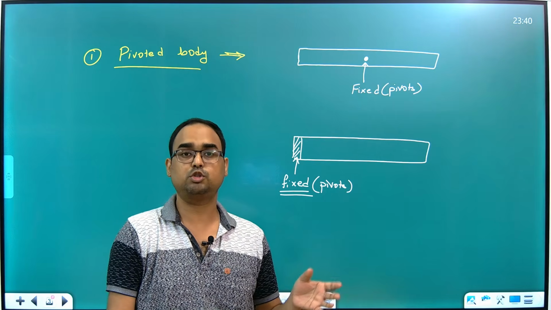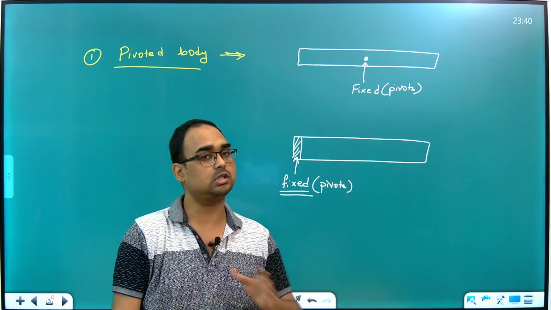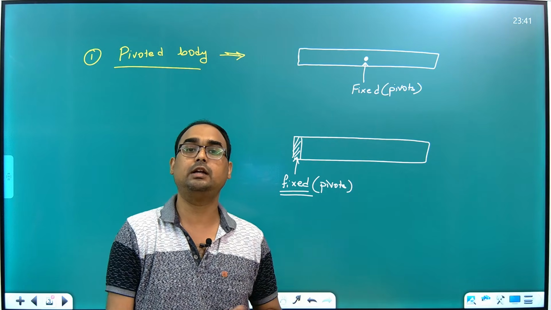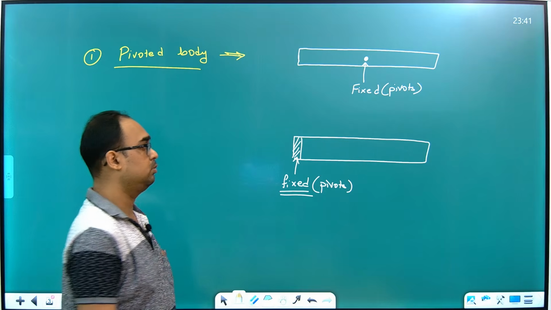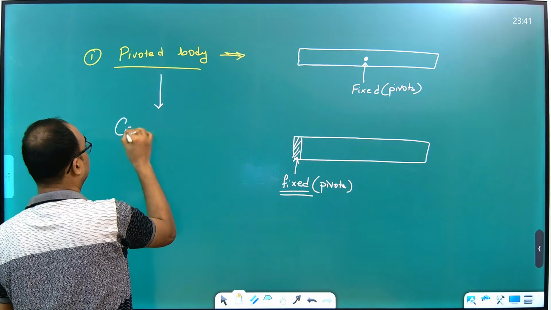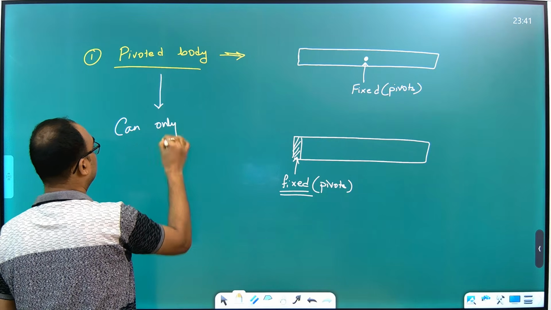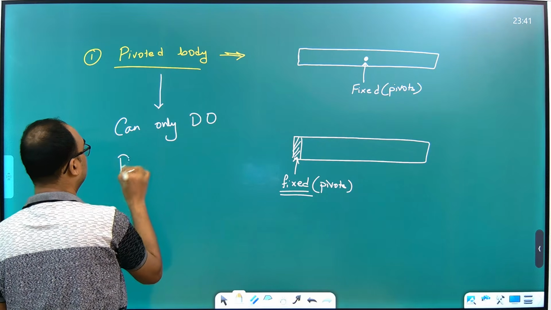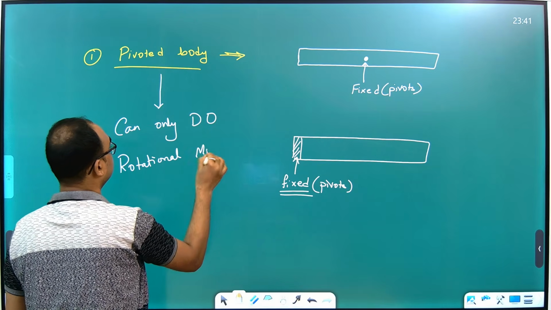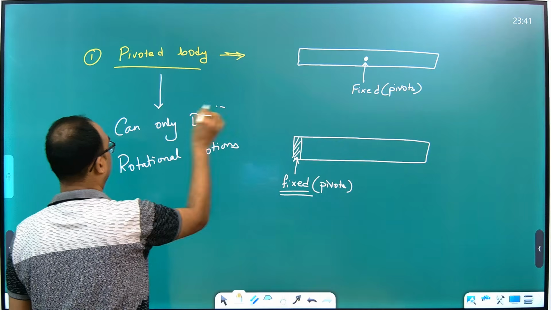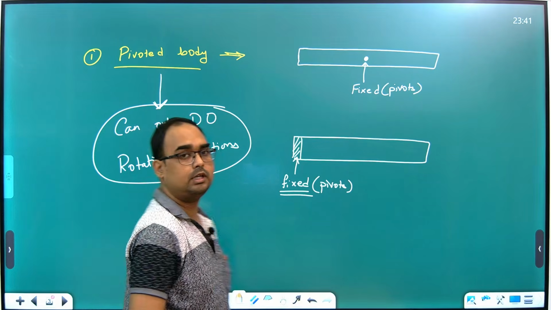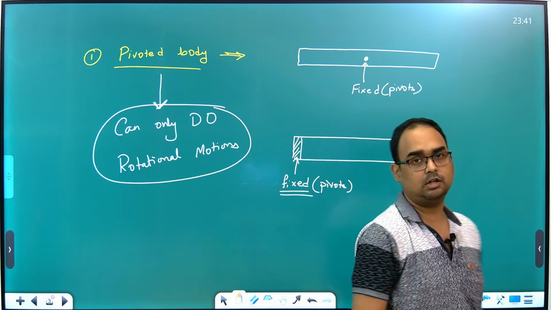So translatory motion, linear motion or curvilinear motions are out of the question. Pivoted bodies can only do rotational motion.